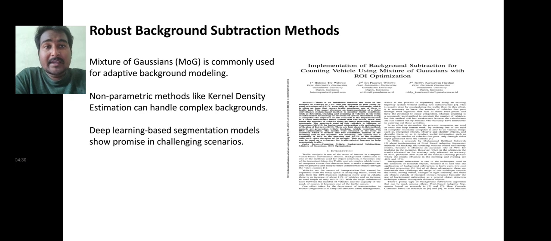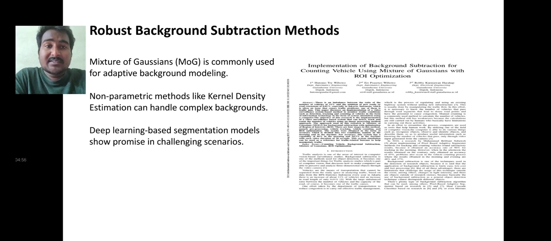Robust background subtraction methods. Mixture of Gaussians, MOG in the short form, is commonly used for adaptive background modeling. Nonparametric methods like kernel density estimation can handle complex backgrounds.